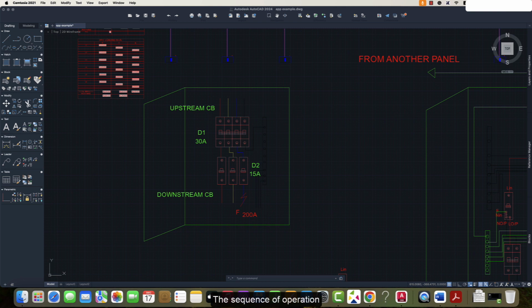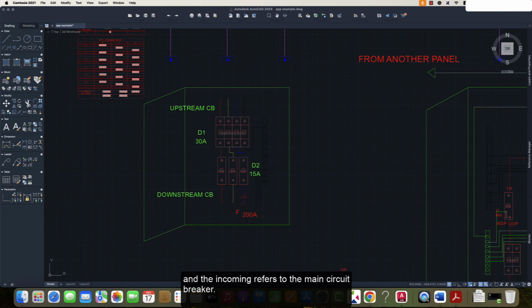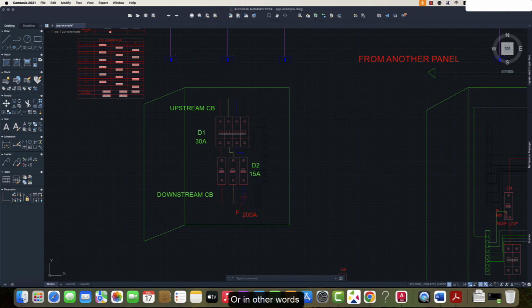The sequence of operation. The outgoing protection devices installed in a distribution board must trip faster than the incoming protection devices. The outgoing refers to the branch circuit breaker and the incoming refers to the main circuit breaker. Or in other words, upstream and downstream.